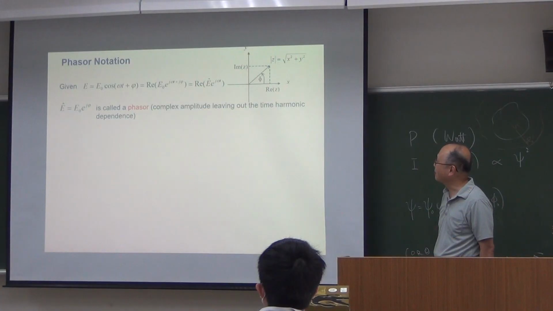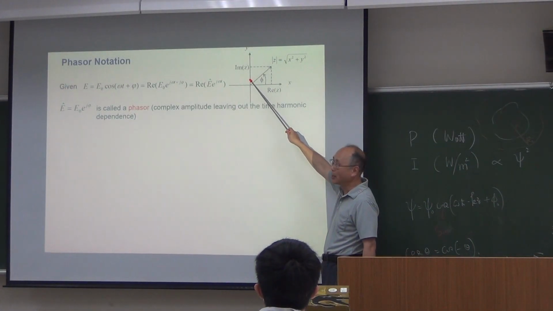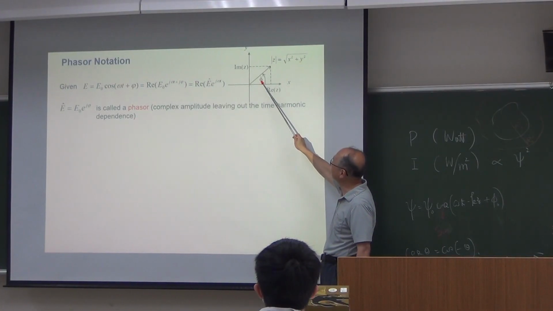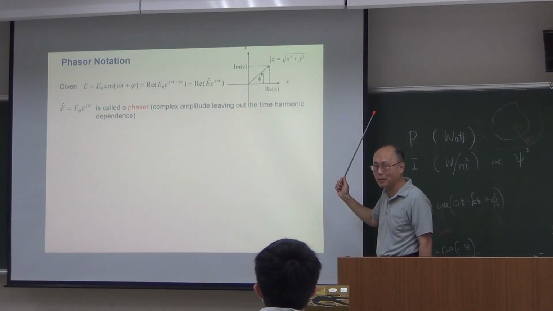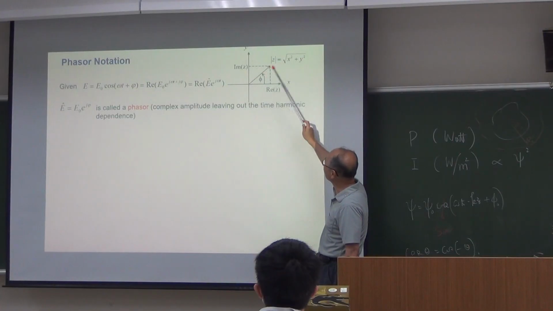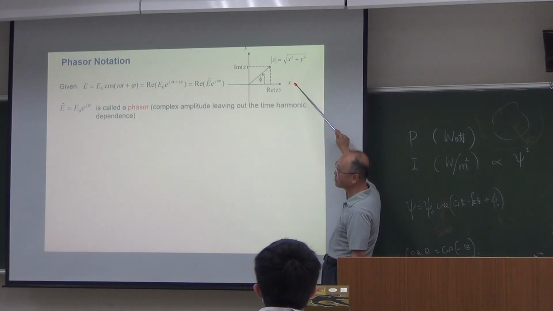Okay. A complex number has real part, has imaginary part, and then with this polar form, this angle in this polar coordinate system, showing you a vector having an angle with respect to the real axis.